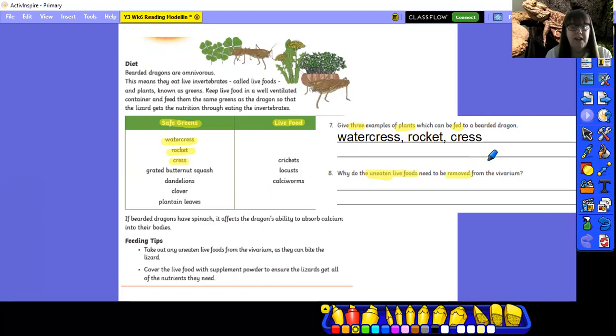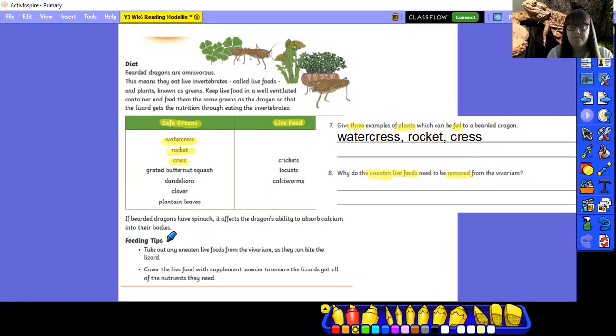Let's have a look then at the text. I'm going to read down from here because I've just done something that's linked to this part. I'm going to go down here now and see if it's in here. Feeding tips. Now that looks like it's a useful subheading, isn't it? What does it say here? Take out any uneaten live foods from the vivarium as they can bite the lizard.